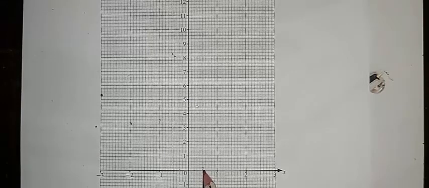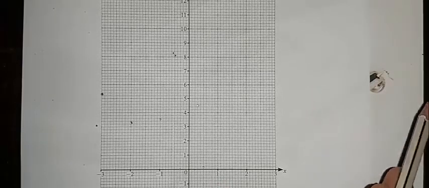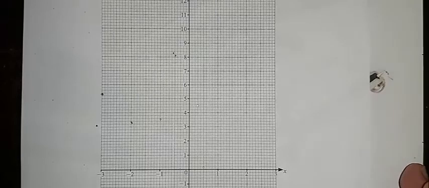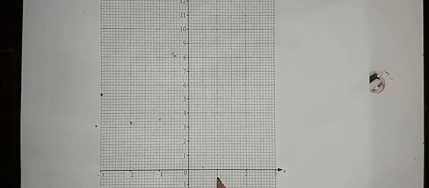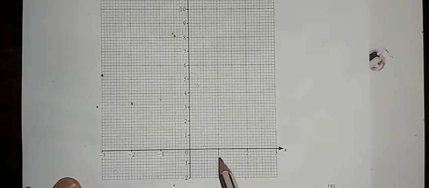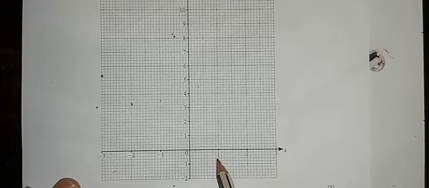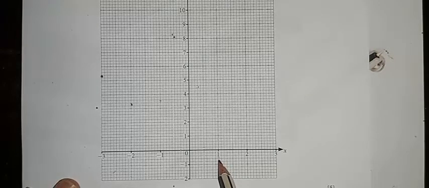1 and negative 0.5, there is 1, negative 0.5 is here, will be here, this point. Yes, 1 and negative 0.5, like that.